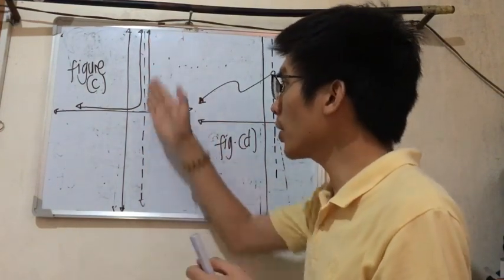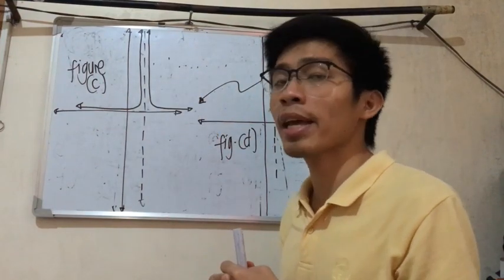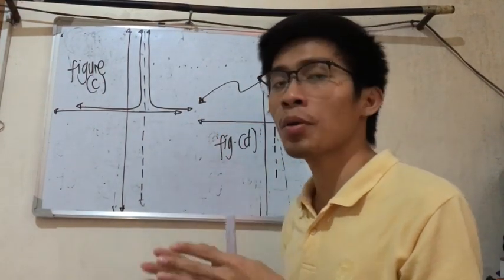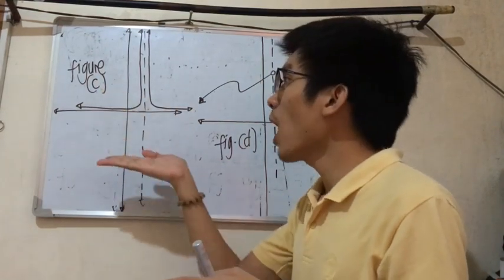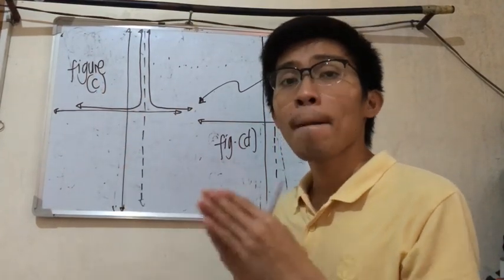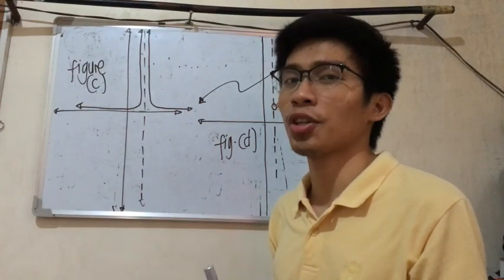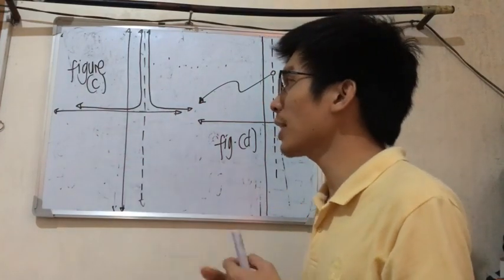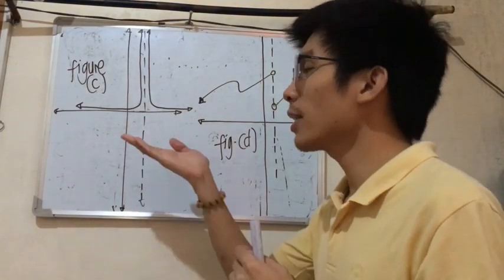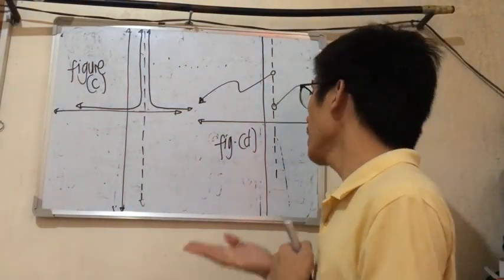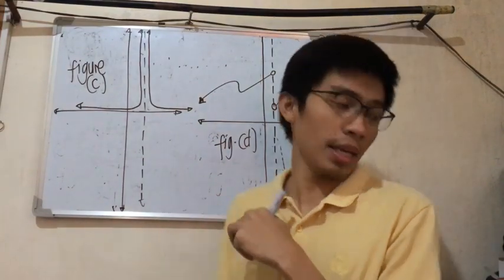There is a certain point where our function is separated, and that is through our asymptote. In short, figure C commits gaps in the function, meaning figure C is not continuous, or discontinuous at some point. Let's try to investigate figure D.